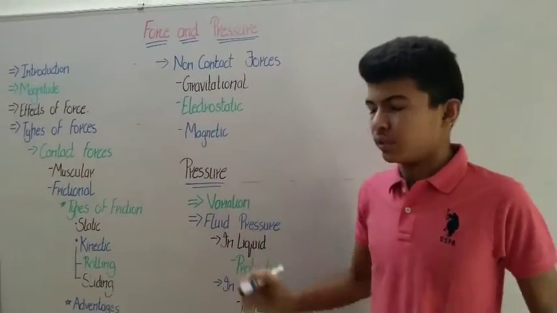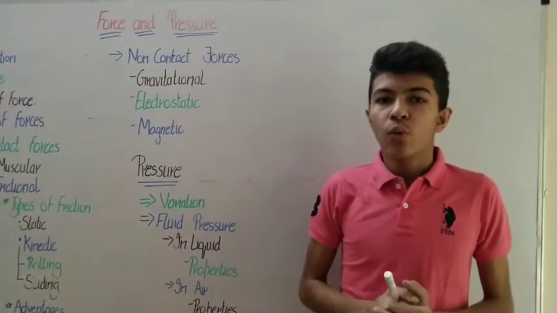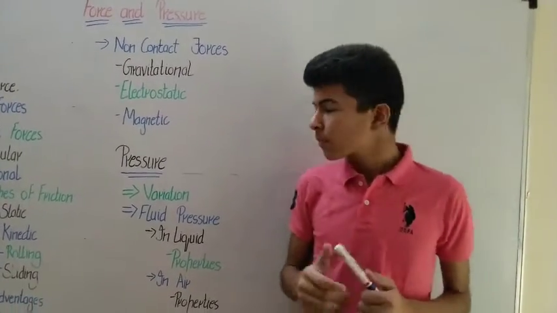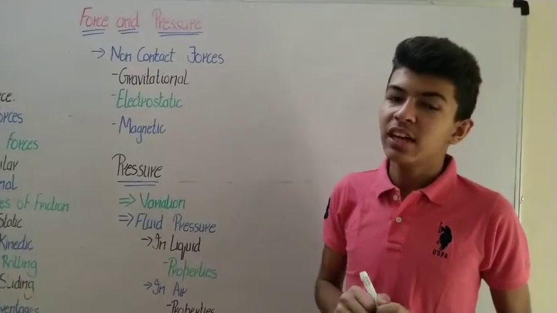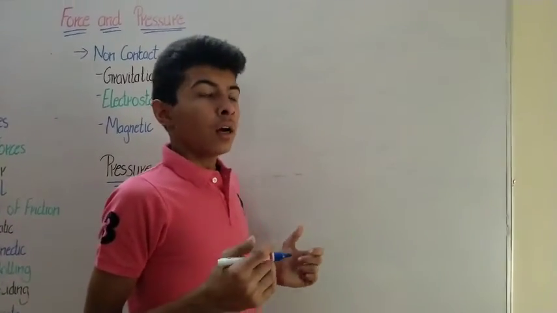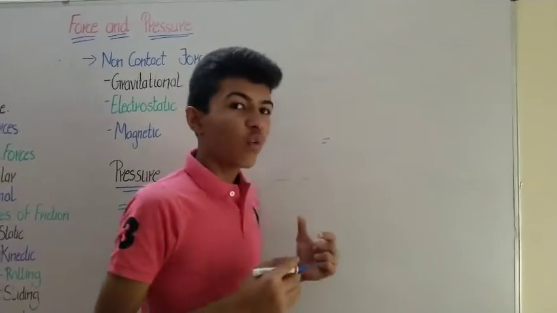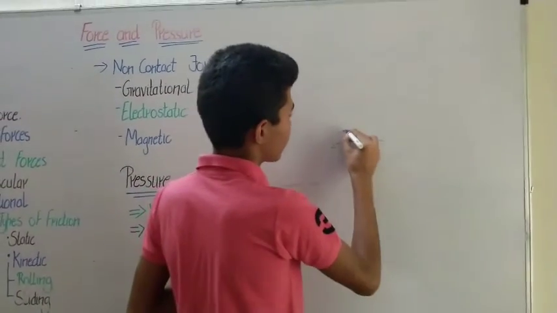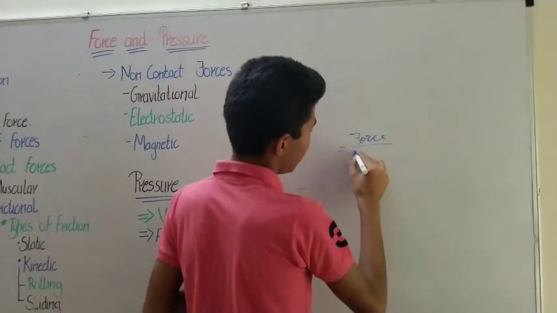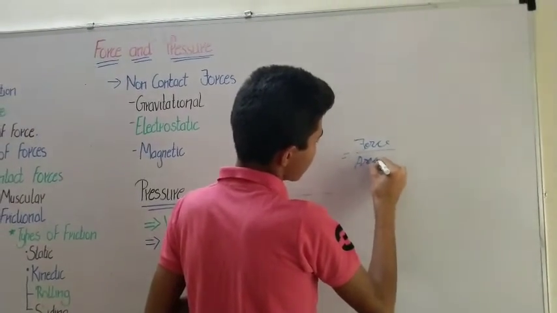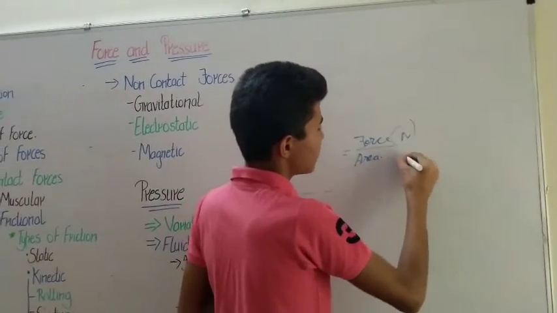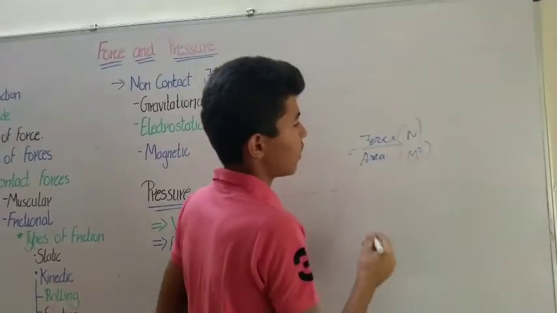Let's move to pressure. So what is pressure? If something tells you I am being pressurized, in the technical definition it means a force which is applied, defined as force per unit area. The SI unit of force is Newton, and the area is in meter square.